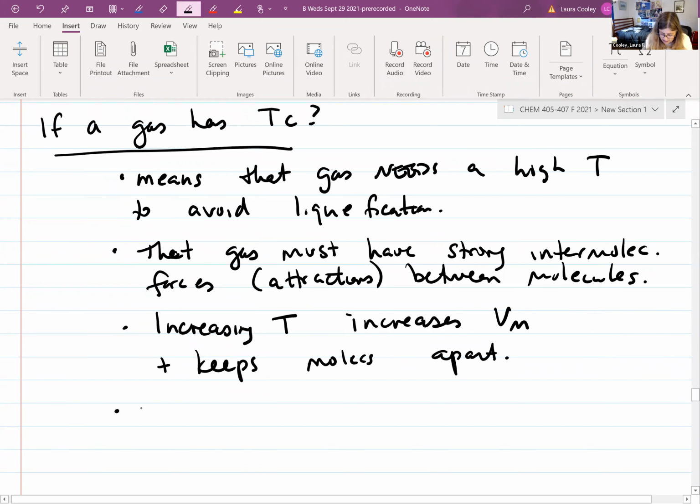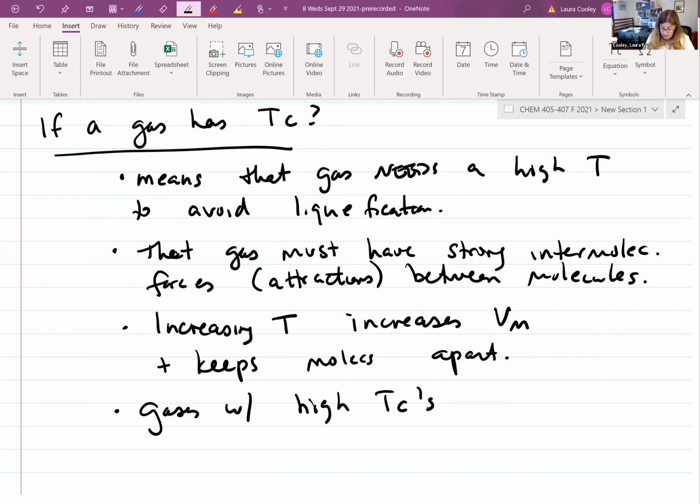So gases with high critical temperatures will not be ideal over as large a range, right? Because you'd have to be well above that critical temperature for the gas to behave ideally.